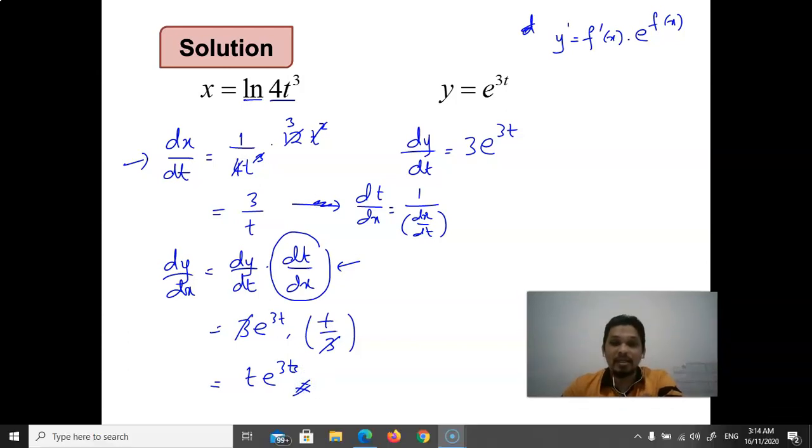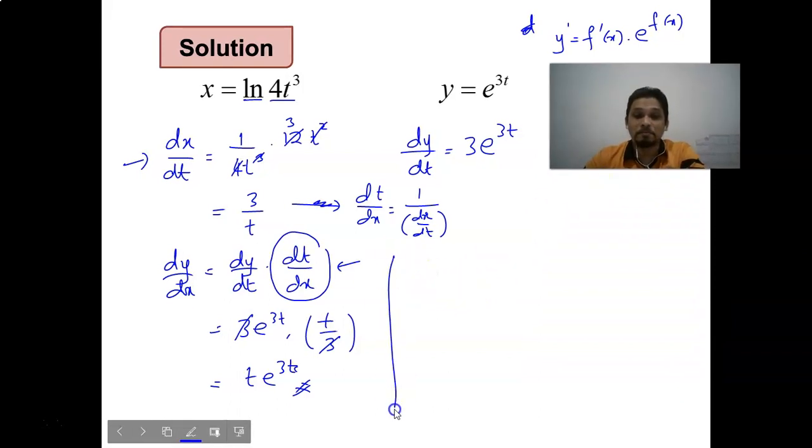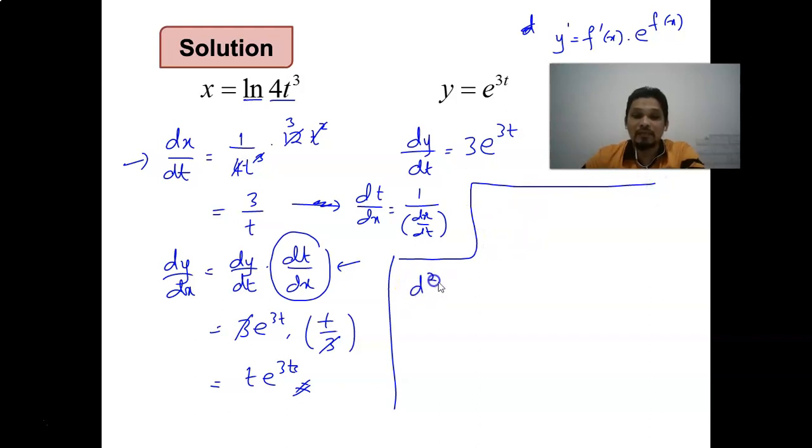Then next, we would like to find the second derivative of y with respect to x. In this case, we are going to find the derivative of dy dx and then multiply with dt dx. Look at this one again: dy dx equal to the derivative of y with respect to t multiplied with dt dx.